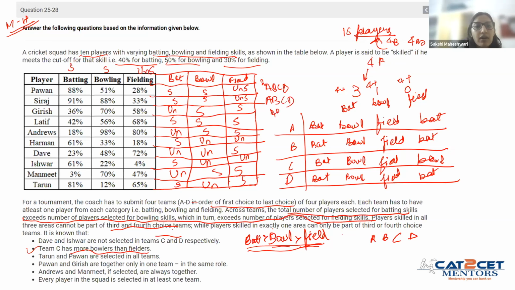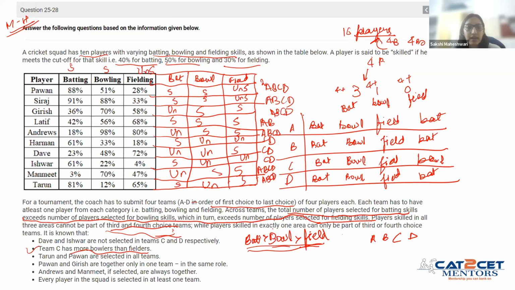Now this is skilled in all the three. That means it can only be in first two choice teams. It cannot be in last, third or fourth choice teams like C and D, right? This can only be in A and B, Latif. This can be in A, B, C, D. This is just a single skill, so it will be only in C and D. Then this can be in A, B, C, D. Now it's given that Tarun and Pawan are selected in all teams.